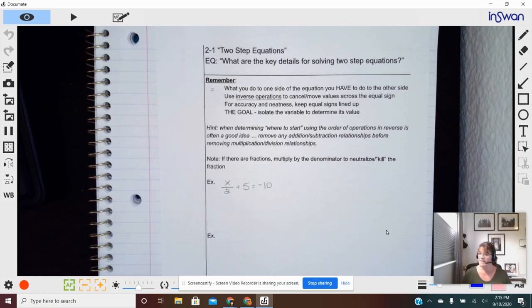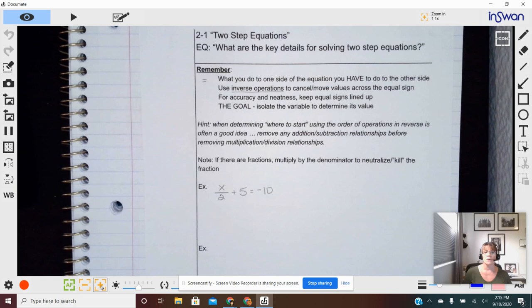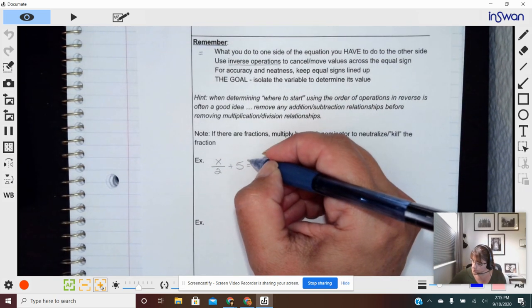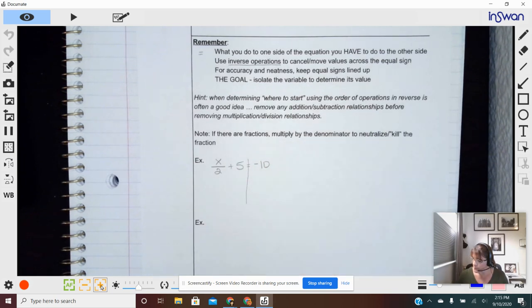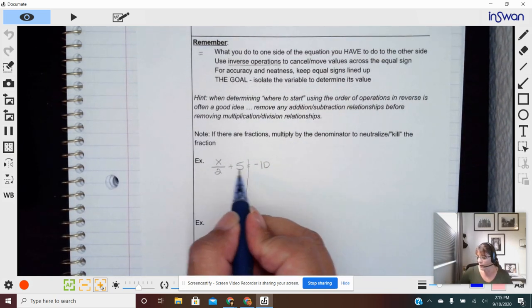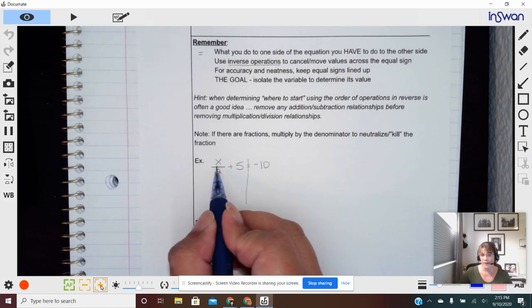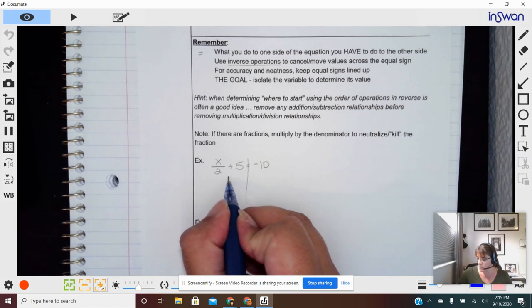Like I said, sometimes the addition and subtraction is the easiest place to start. So I'm going to line up my equal signs. I want to remove this constant away from x. We're trying to isolate x.